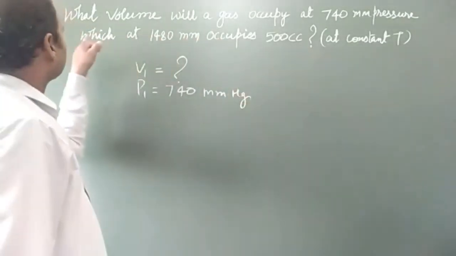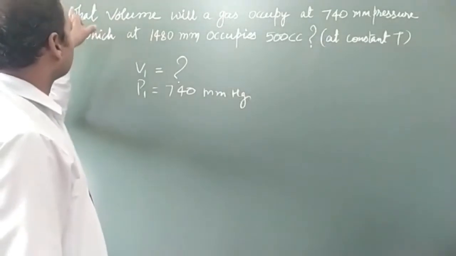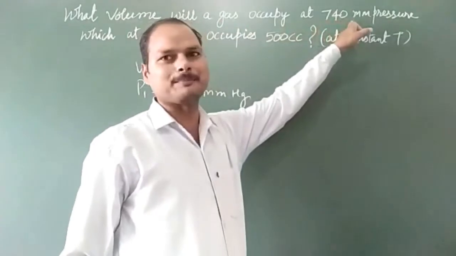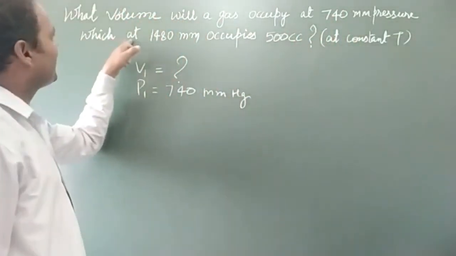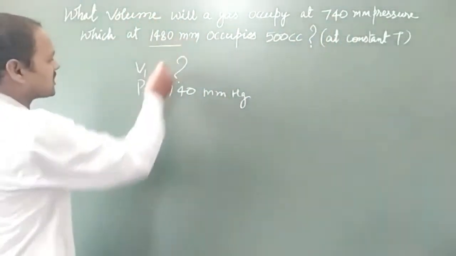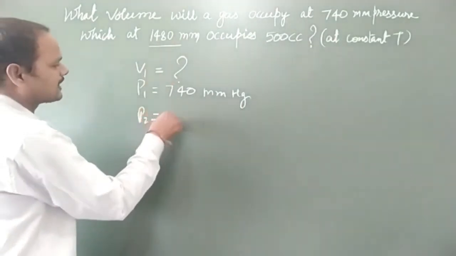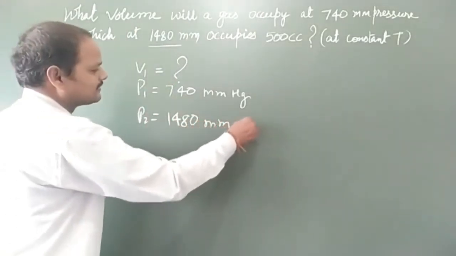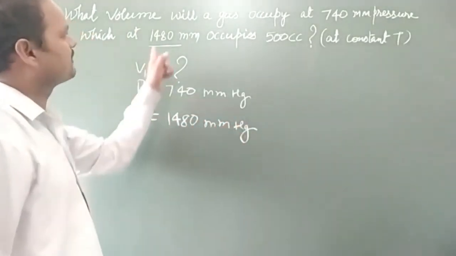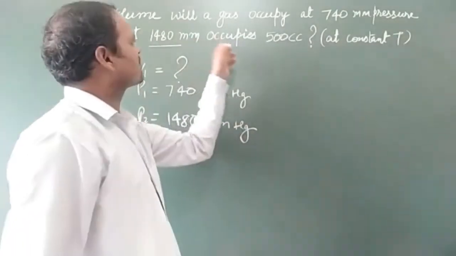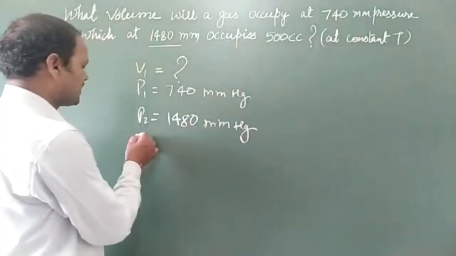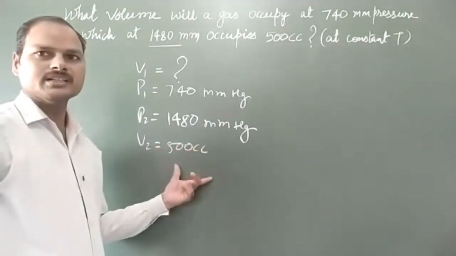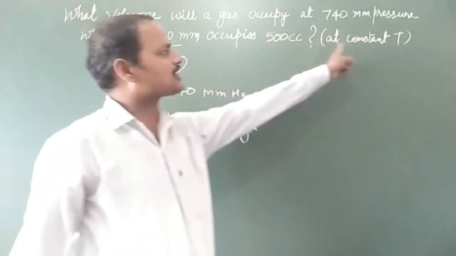Which at pressure P2 is given here, 1480 mm Hg, and at this pressure volume V2 is given here, 500 cc, centimeter cube, at constant temperature.